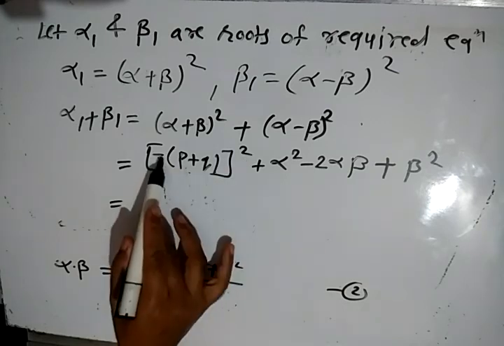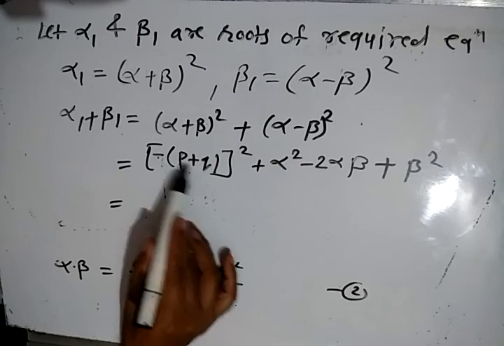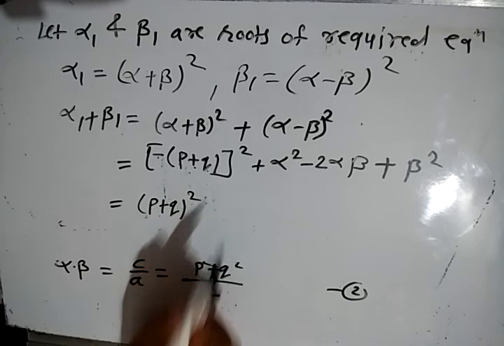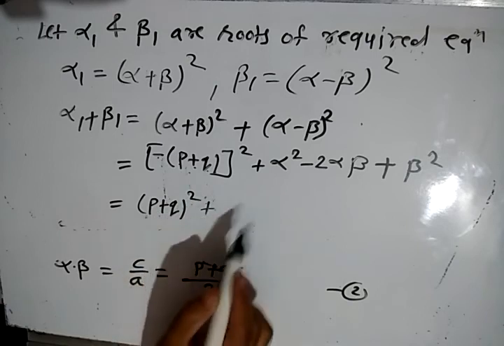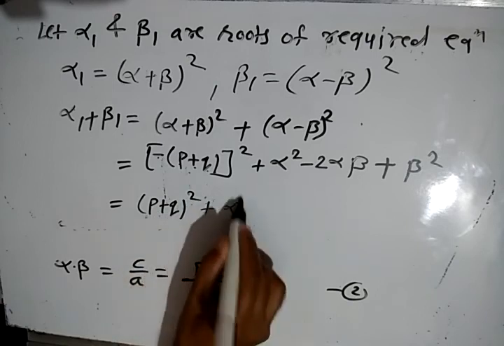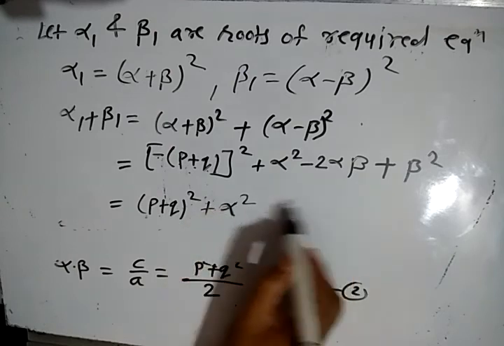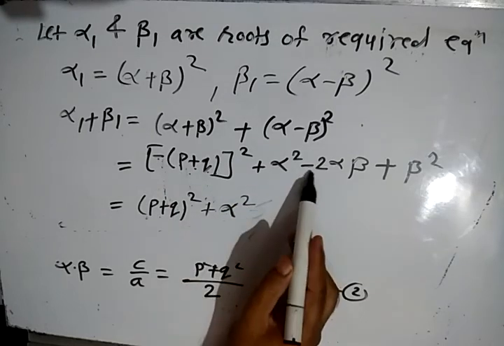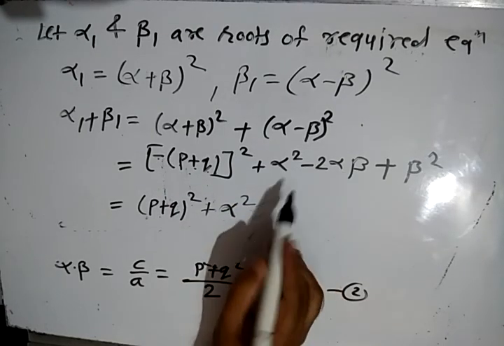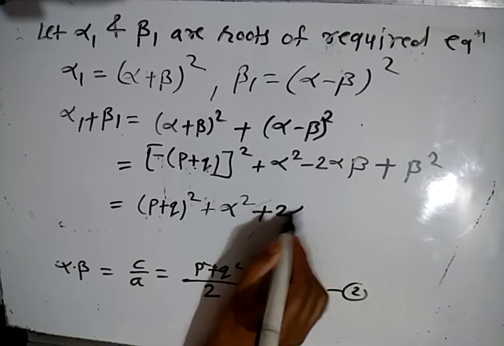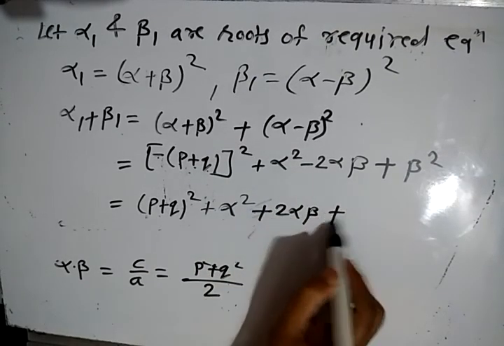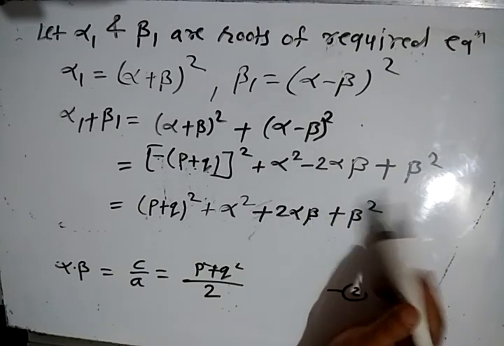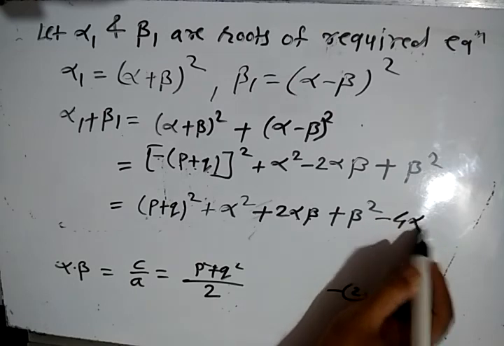The square of a negative is always positive. Therefore, p plus q whole square. And here, what can we write? Alpha square as it is, plus, instead of minus 2 alpha beta, we write plus 2 alpha beta, plus beta square as it is. Here we add 2 alpha beta, therefore we have to subtract 2 alpha beta. Therefore we can write minus 4 alpha into beta.